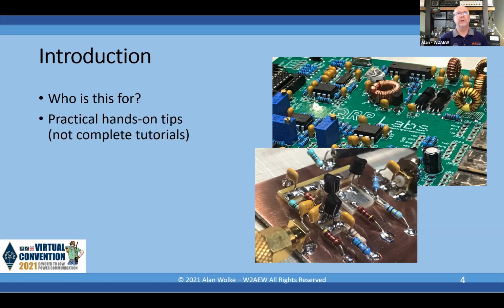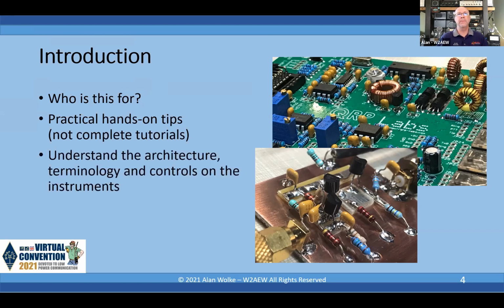And I'm going to really try to give you some practical hands-on tips, not complete tutorials, because just an hour isn't enough to give a tutorial on one piece of equipment, let alone several different types. So I'm going to try to cover some practical hands-on tips and help you understand the architecture, terminology, and controls on the instruments.